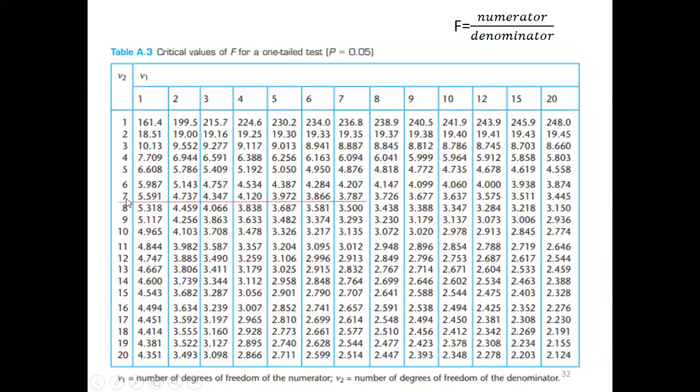We go along this line until the 7th column, and this number, 3.787, is the critical value of F when the degrees of freedom of the numerator and denominator are 7. So for this particular question, the critical value for F is 3.787.